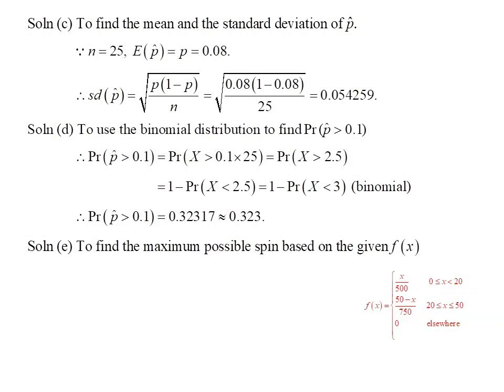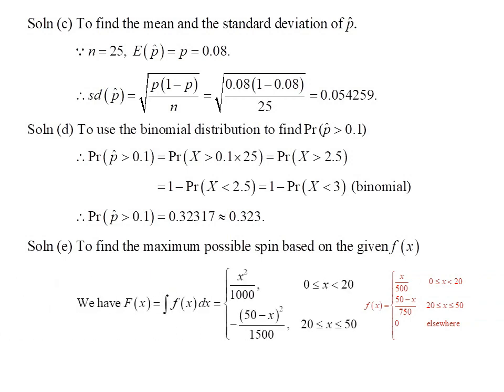Based on the rule of density function f of x as shown in red, we have its primitive function F of x, which equals x squared over 1000 when x is greater than or equal to 0 but less than 20, and F of x equals negative (50 minus x) squared over 1500 plus a constant when x is greater than or equal to 20 but less than or equal to 50. Based on the above, the maximum possible spin speed is 50 revolutions per second.